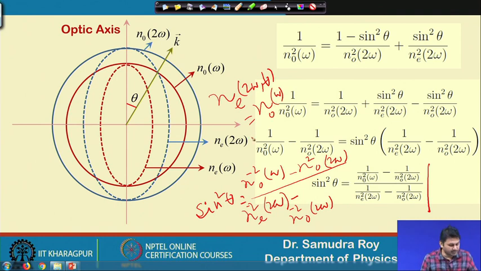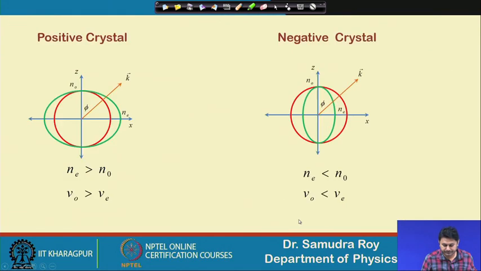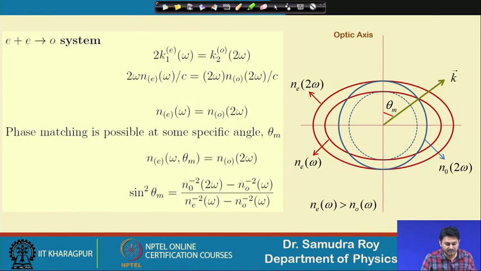Exactly the similar treatment you need to follow in the next case, but you need to be careful: you need to use this expression, where my condition is slightly changed, that n_e of omega at theta is equal to n_o of 2 omega.